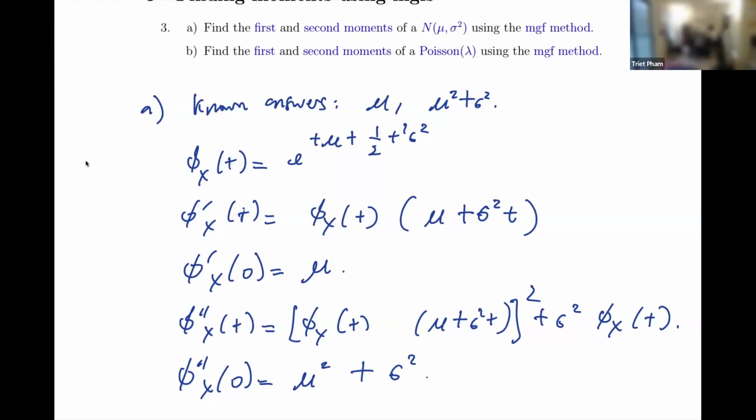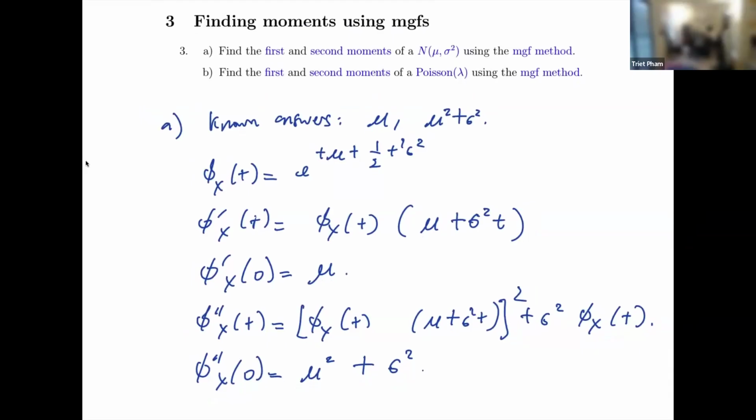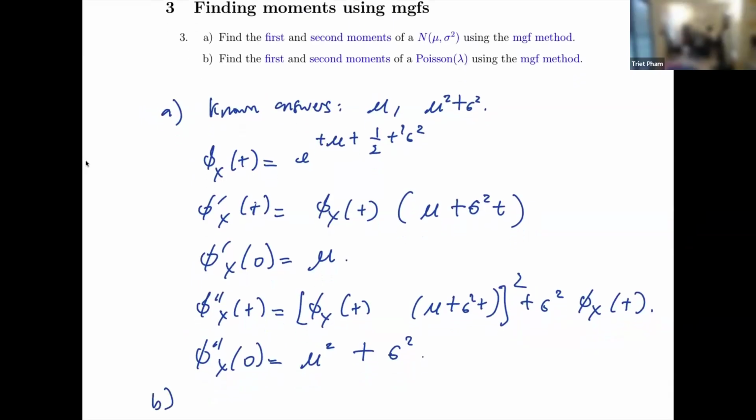Okay. So let's move on to part B. Part B is the same thing, but now with Poisson. So let's ask ourselves again, what are the known answers for the Poisson?